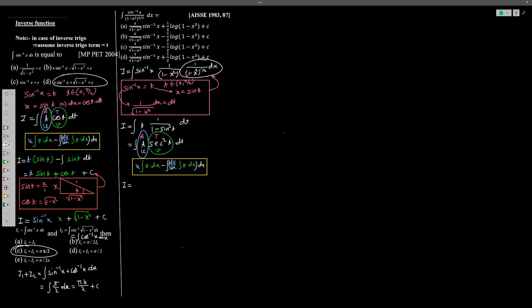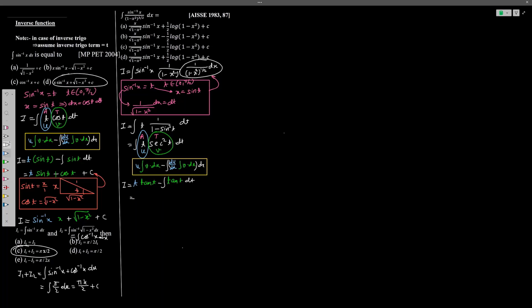Apply the formula. So I will be u as it is, integration of sec square t, which is tan t, minus integration of differentiation of t, which is 1, and integration of sec square t, which is tan t.